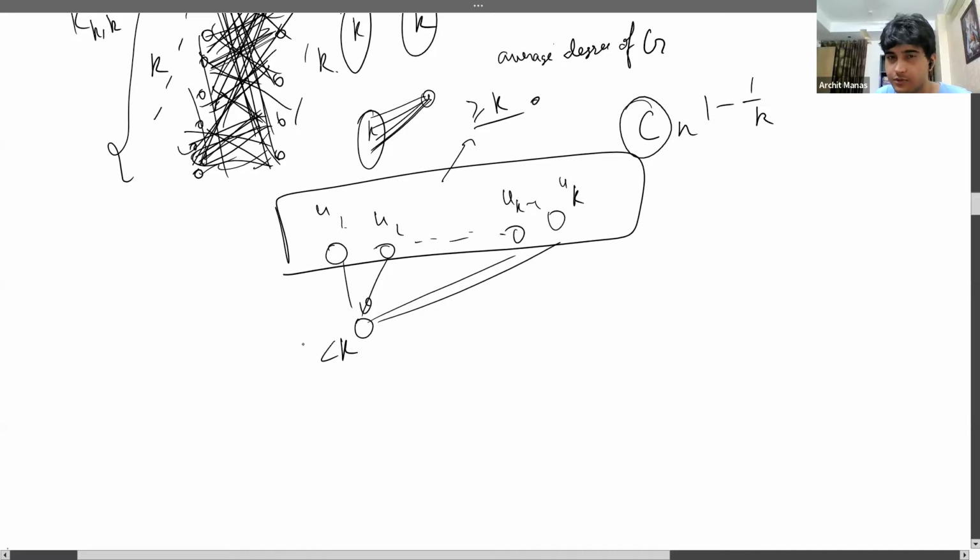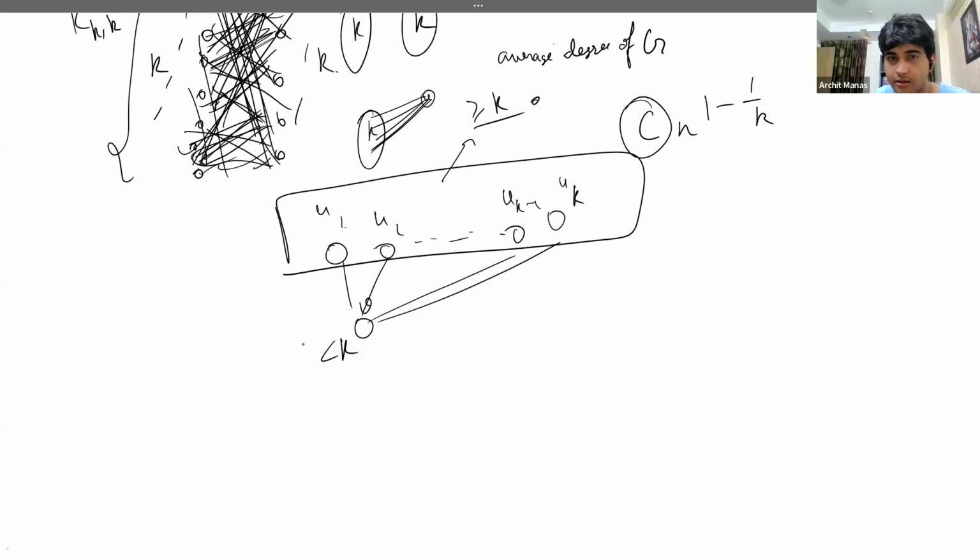Why? Where does 2k come from? How many ways are there to select this set of vertices u1 to uk? N choose k, right? Exactly. And for each of these, you have at most k minus 1 such vertices.